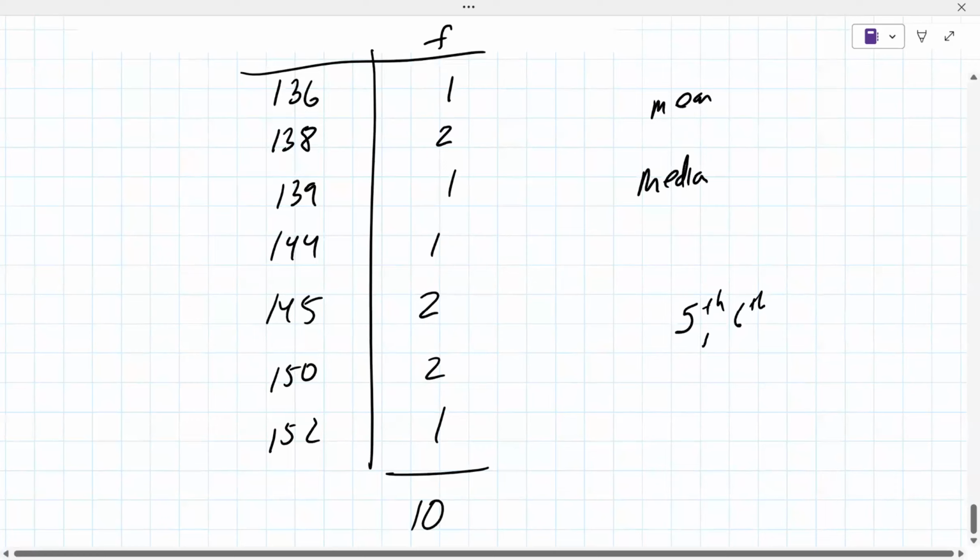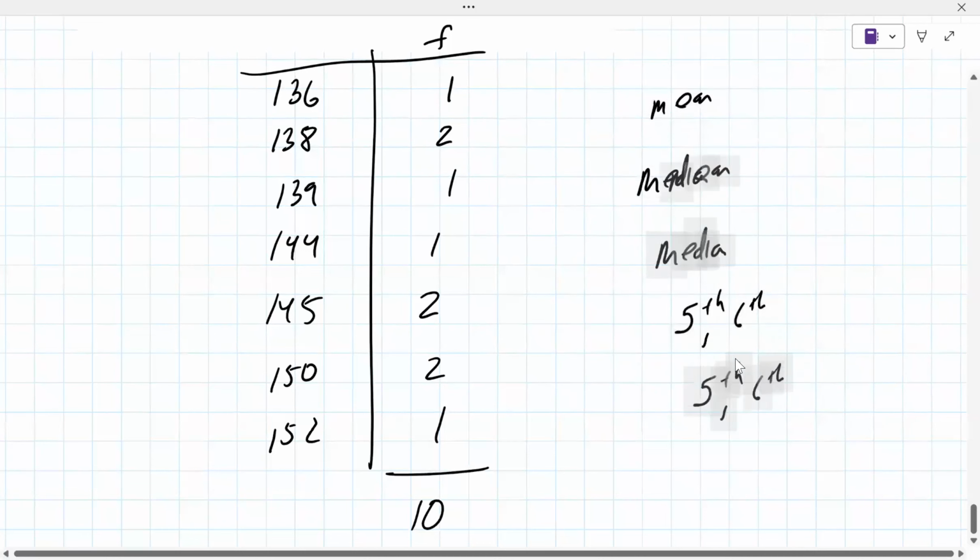I want you to tell me the median. 5 plus 11 over 2, which is 5.5. No, you have to give me the fifth value.